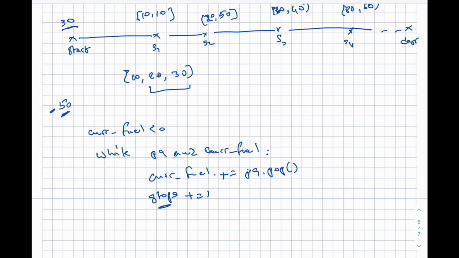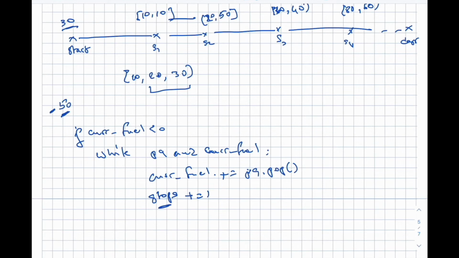So we go through the stations, we keep decrementing the current fuel using the distance we need to traverse to that station, and check if the current fuel is less than 0. Then we check how many we can pop from the stations.